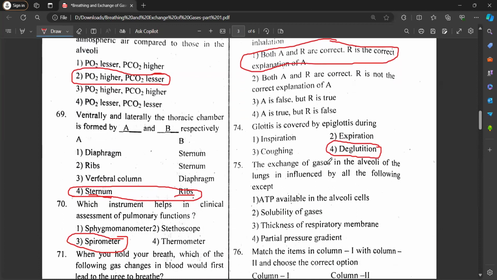The exchange of gases in the alveoli of the lungs is influenced by all the following except: ATP available in the alveoli cells, solubility of gases, thickness of respiratory membrane, partial pressure gradient or concentration gradient. So, what is the one which doesn't favor? This one. ATP available in the alveoli cells.